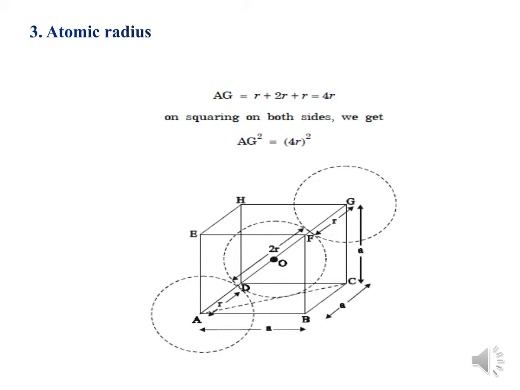AG equals R plus 2R plus R, equal to 4R. From the geometrical figure, the diagonal length AG is 4R, and squaring on both sides we get AG squared equal to 4R squared, that is 16R squared.